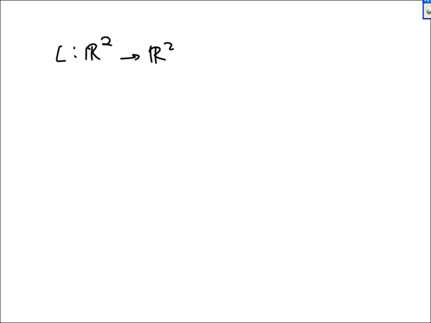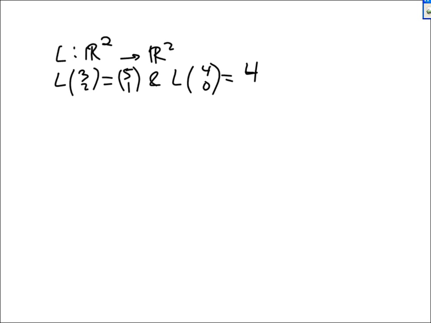We're given that L of 3, 2 is 5, 1, and L of 4, 0 is 4, negative 4. Suppose we have this, and we want to find L of 2, 6.